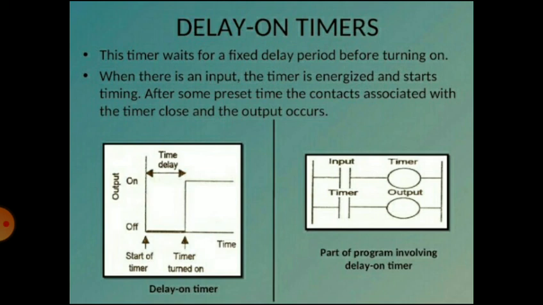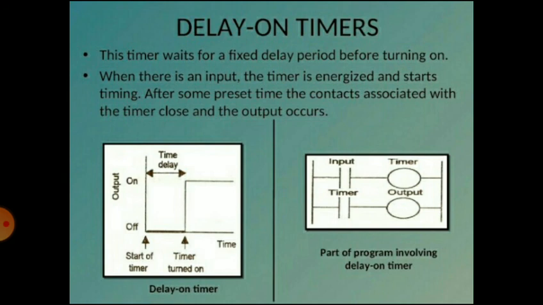So the types of timers. First is the on delay timer, that is TON, or delay on timer. The timer here is like a relay with a coil which is energized when the input becomes true.